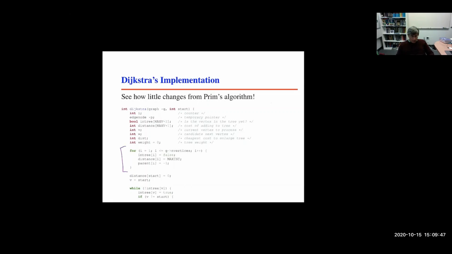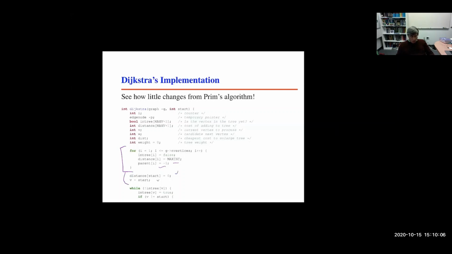Originally, to get from start to anybody else costs an infinite amount, and we don't know how to get there. The start vertex, we know we can get there at a cost of 0.